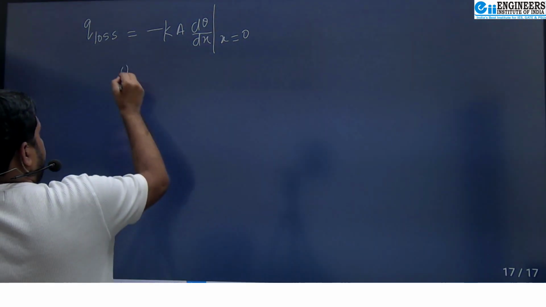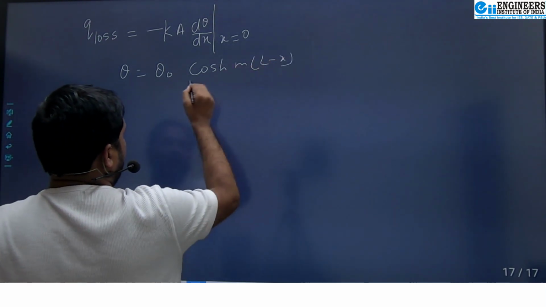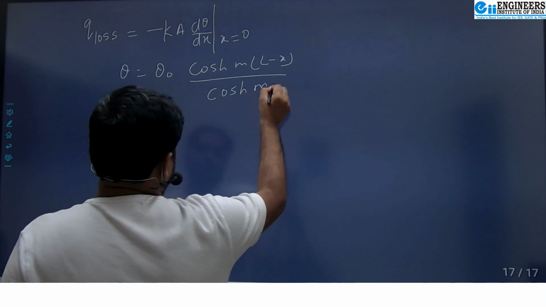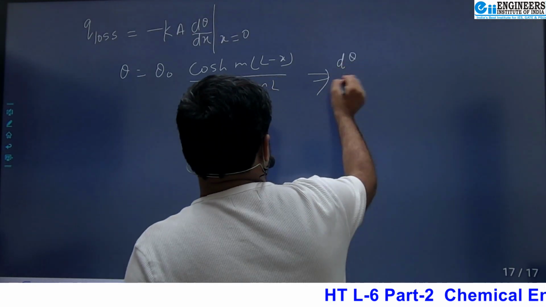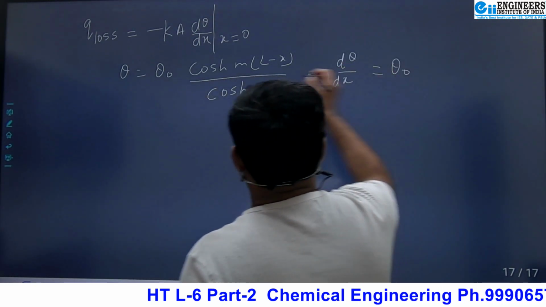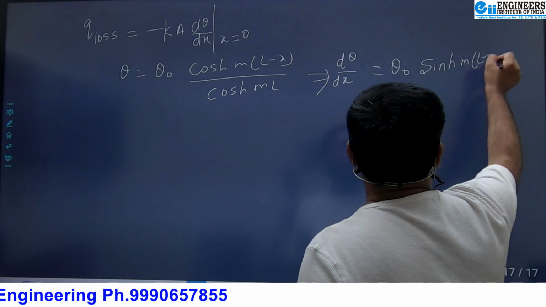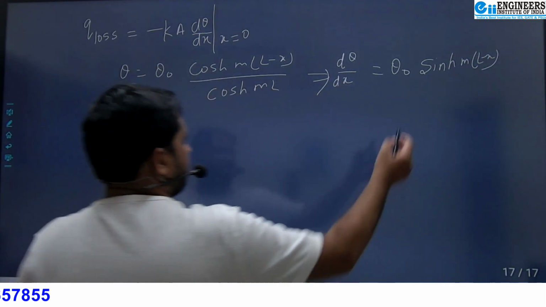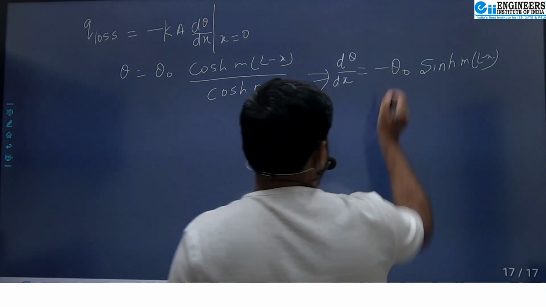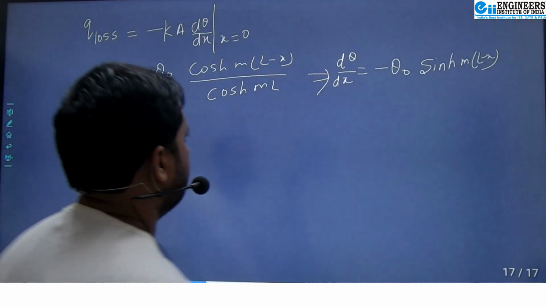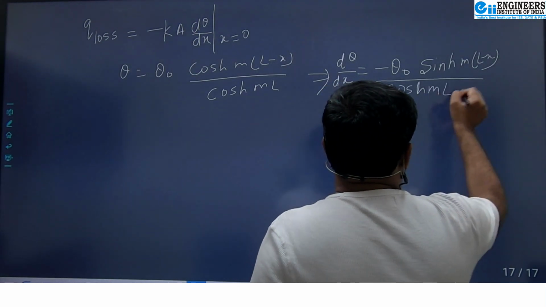Because theta in this case is theta naught cosh m(L minus x) upon cosh mL, whenever you differentiate, d theta by dx is theta naught, this becomes sinh m(L minus x), because of minus (L minus x) differentiated, so minus is here, divided by cosh mL at x equal to 0.